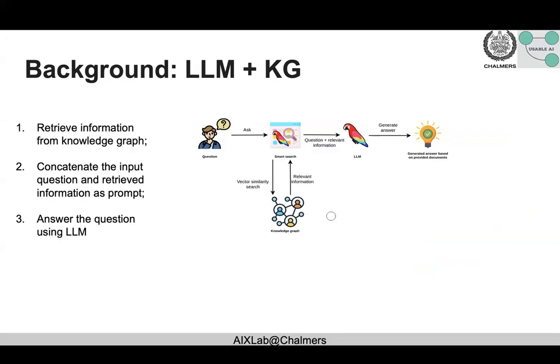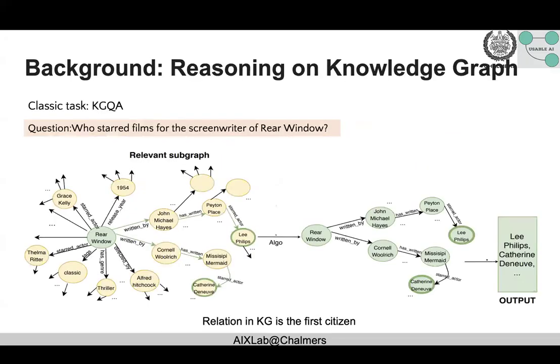First we retrieve the information from the knowledge graph, and then in the second step we concatenate the retrieved information with the query, and send them to the LLM to answer the given question. But such a way can't make full use of the relations in the knowledge graph.